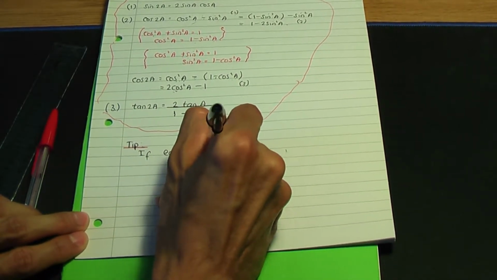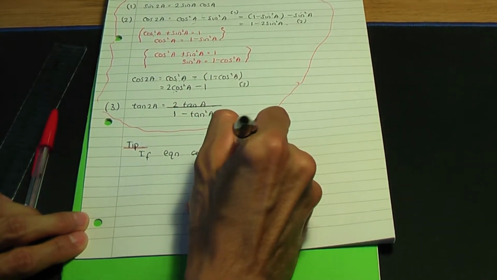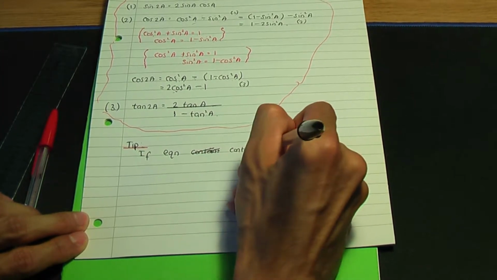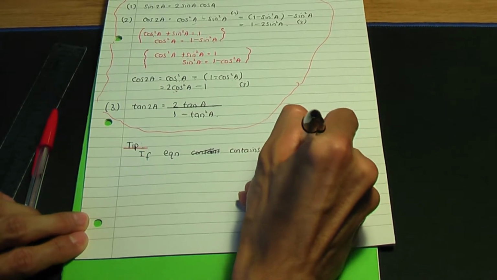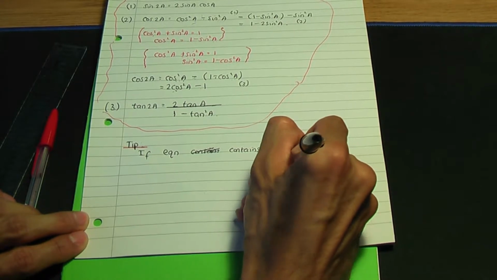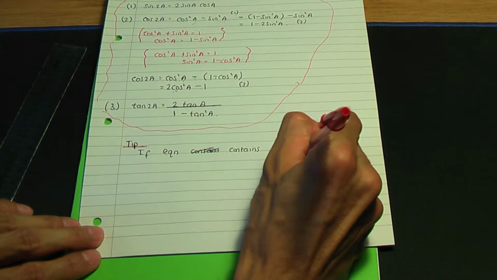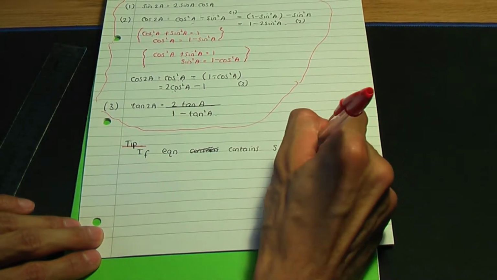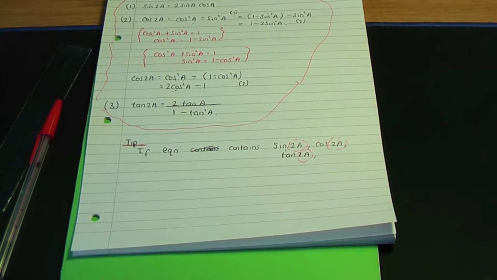If your equation contains 2 of an angle, for example sine 2A or cos 2A or tan 2A, where I'm using A as my angle, that indicates you may need to use the double angle formulae to help you solve the trigonometric equation in question.